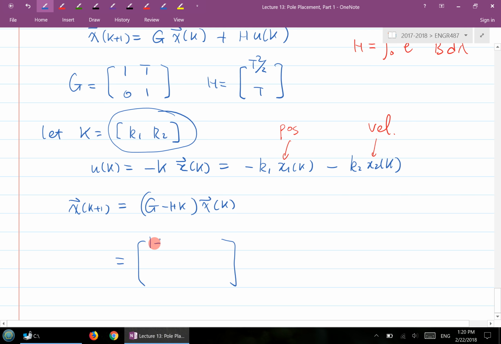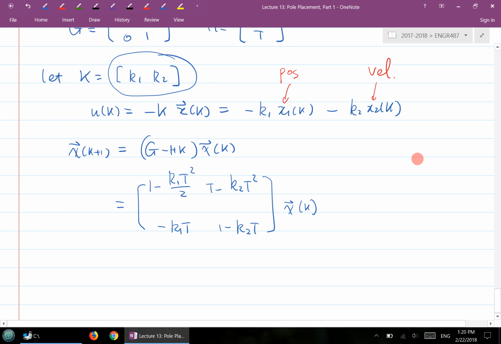And that matrix is calculated to be this. So this is the matrix G minus HK here. That's basically the closed loop system matrix. When you close the loop, you get this system matrix here.